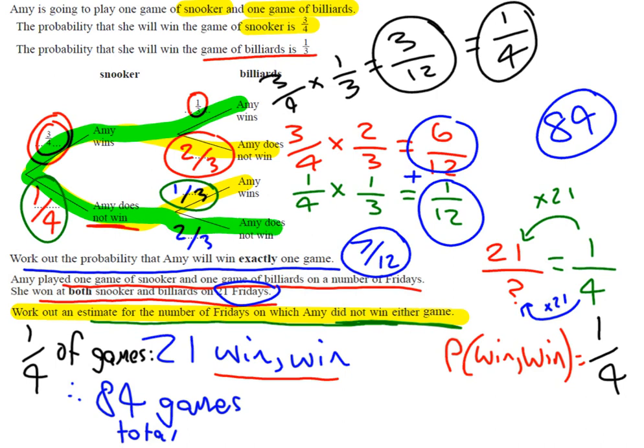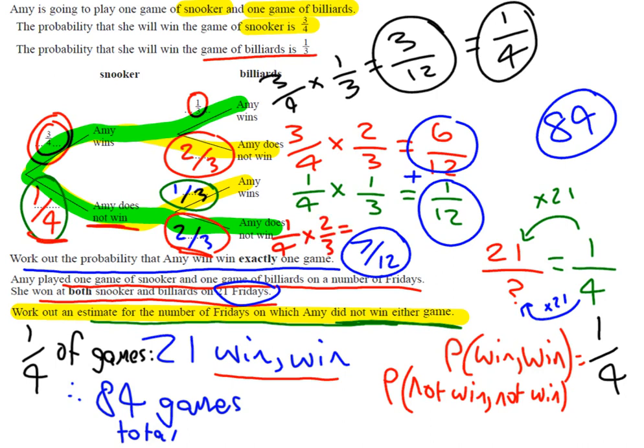So it's going to be 1 over 4 times 2 over 3, which is 2 over 12, simplified to 1 over 6.